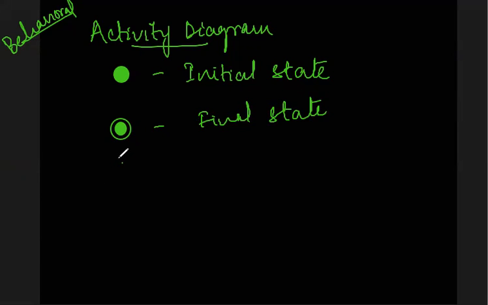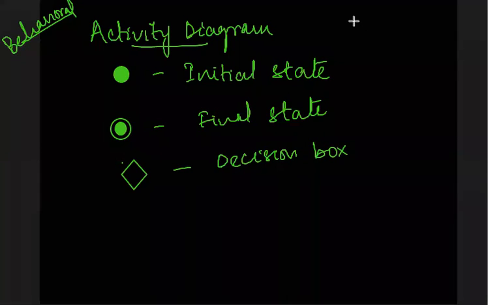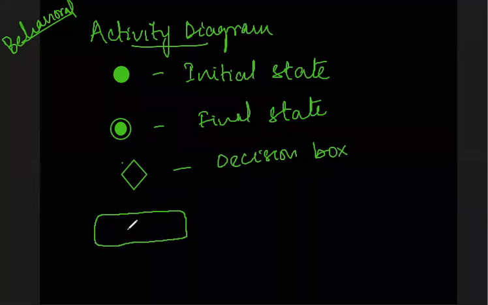Then you're going to have decision boxes. Then you're going to have an activity. This activity is a rectangle, but with rounded corners. So these are the 4 different elements of your activity diagram.